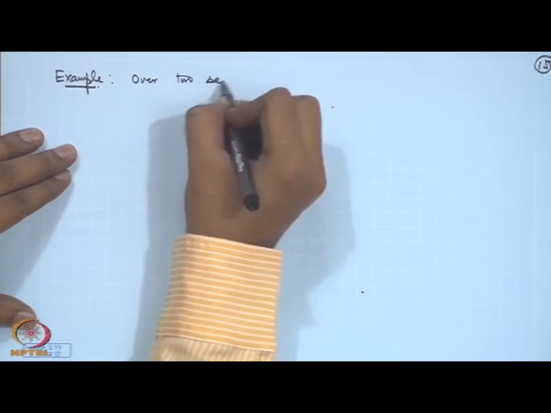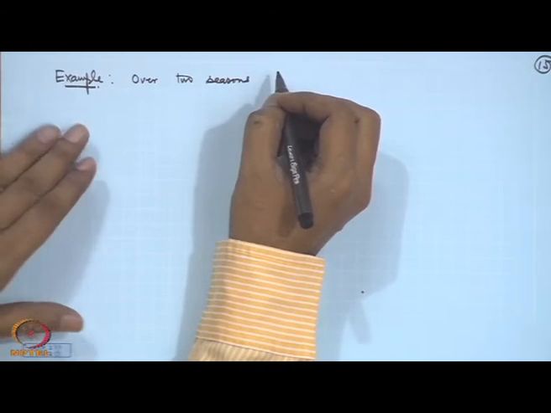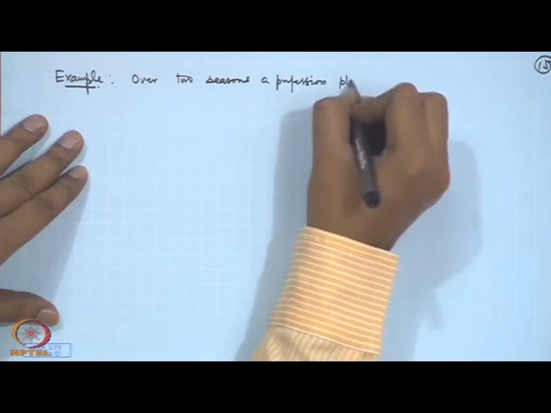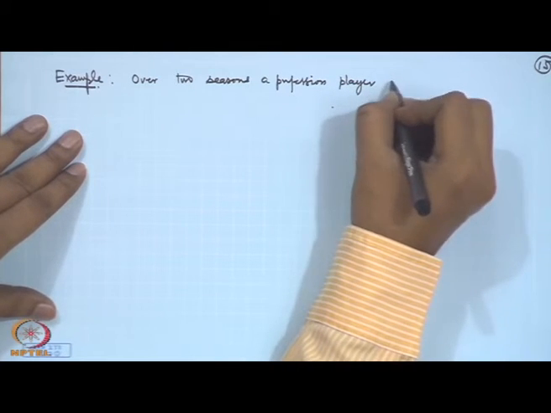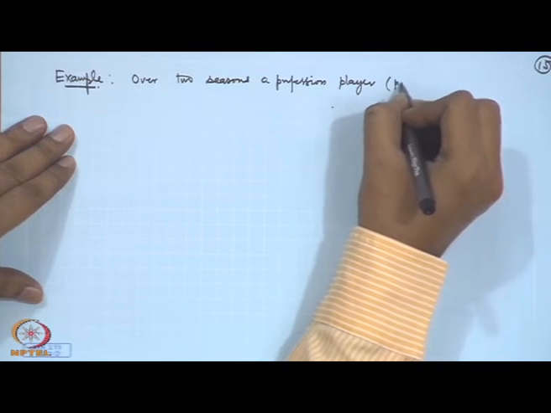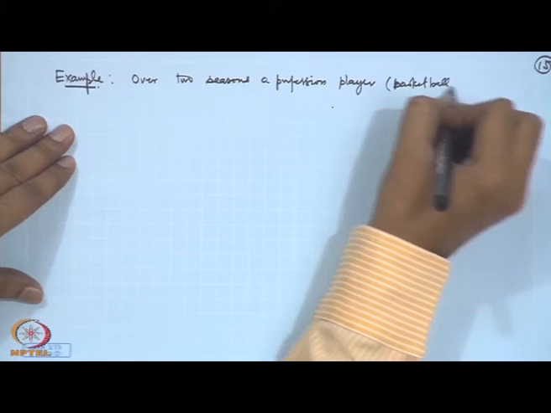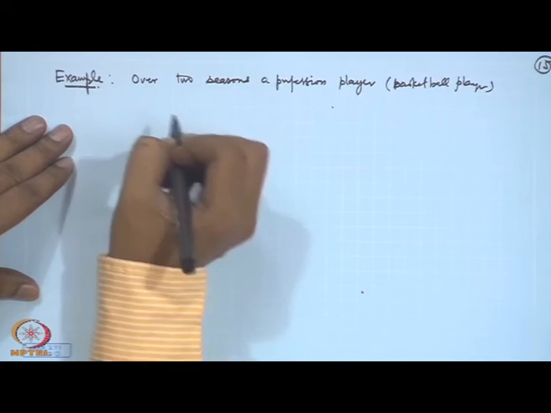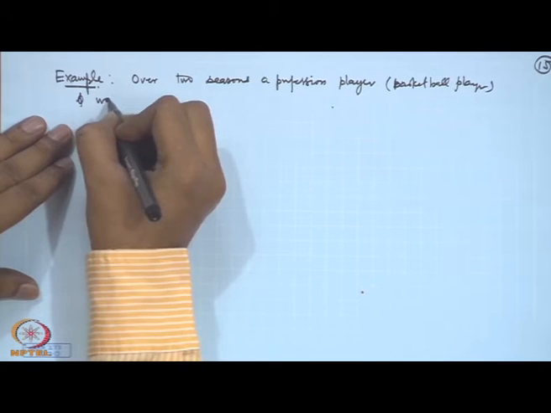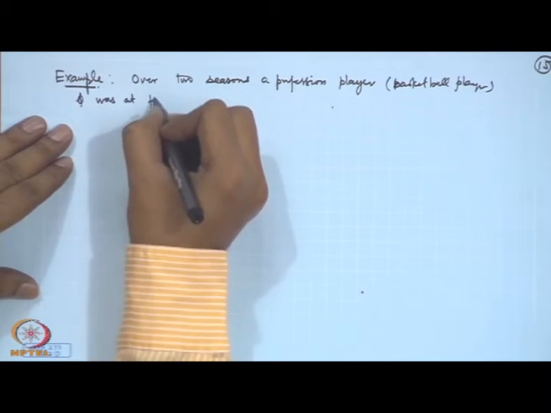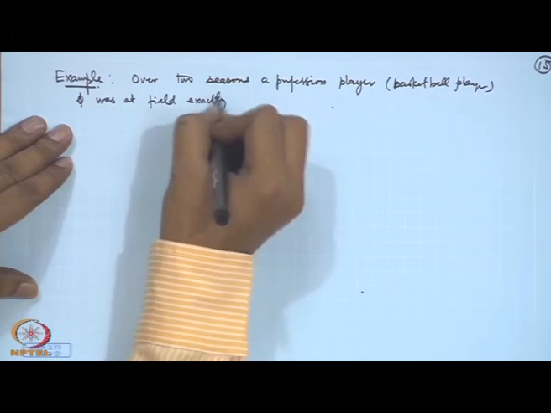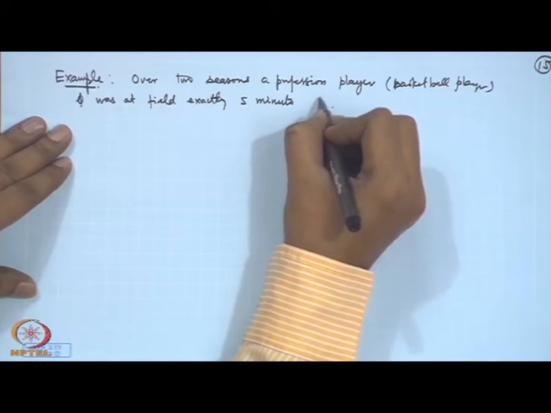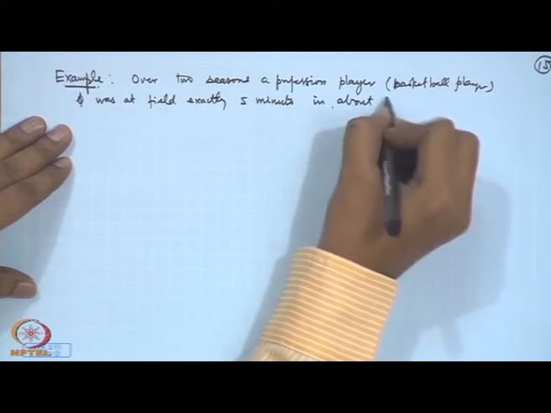Over 2 seasons, a professional player of some game, we may consider for example a basketball player, exactly 5 minutes in about 200 games.